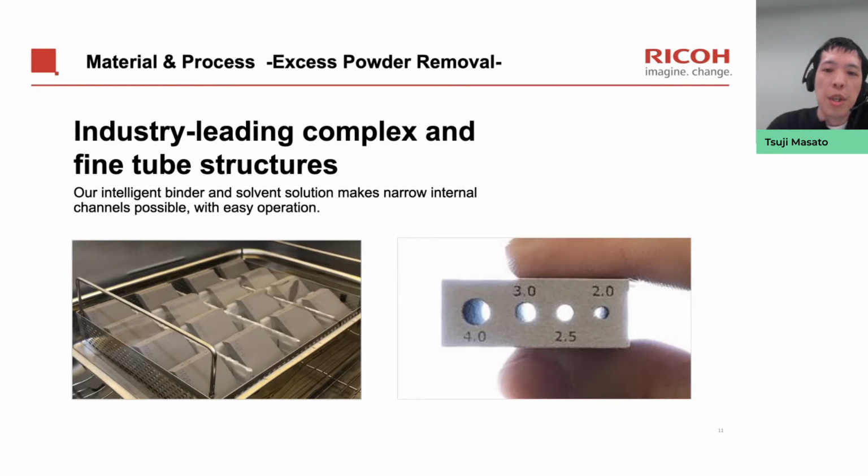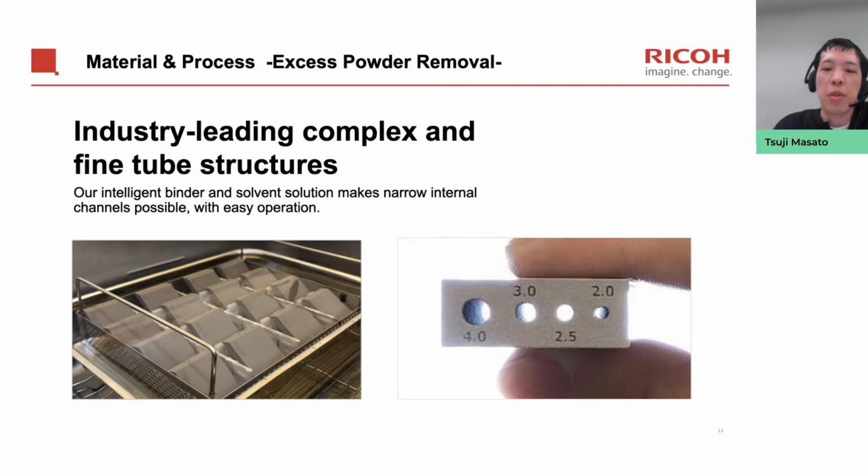The second feature is our excess powder removal technology. Our intelligent binder and solvent solution can create industry-leading complex and fine tube structures. The left picture shows a batch process where excess powder is removed by immersing it in the solvent with easy operation.